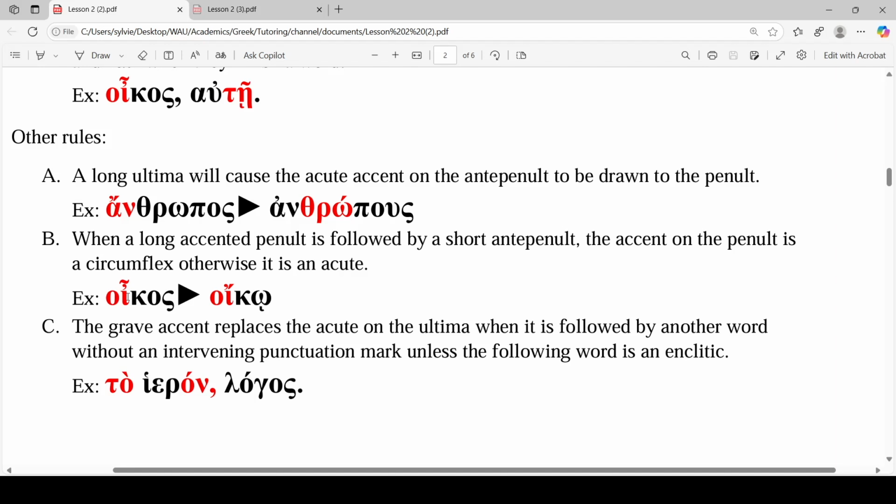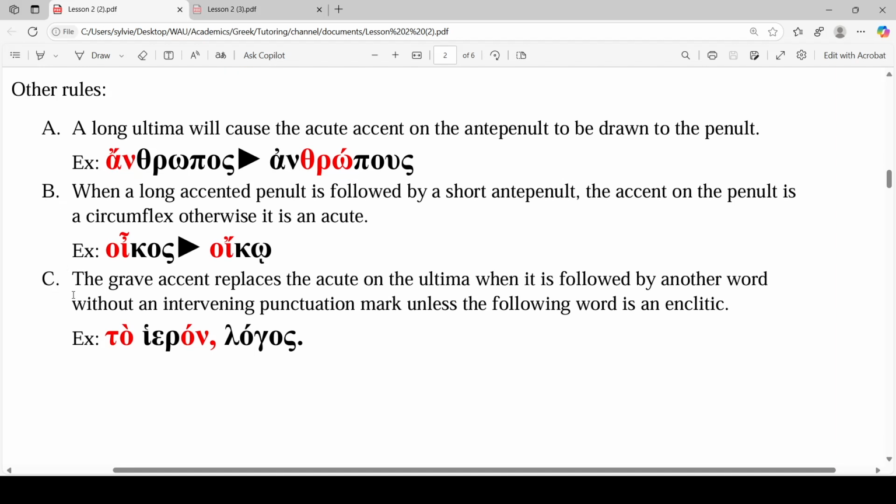So in all other cases, it's going to be an acute accent, unless the ultima is a short vowel and the penult is a long one. It's like the ultima, when it is a long vowel, does not agree that the penult bears a circumflex accent in its stead. So it's kind of a jealousy between these Greek syllables. That's a way to memorize it.